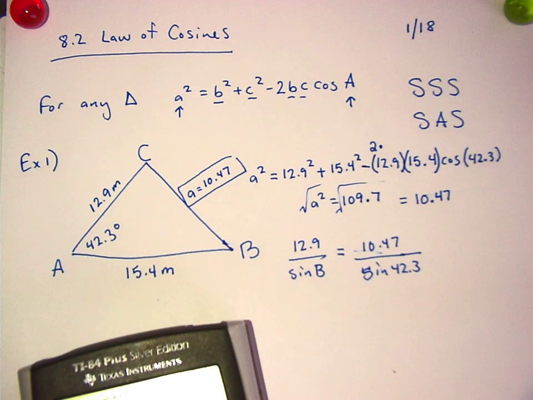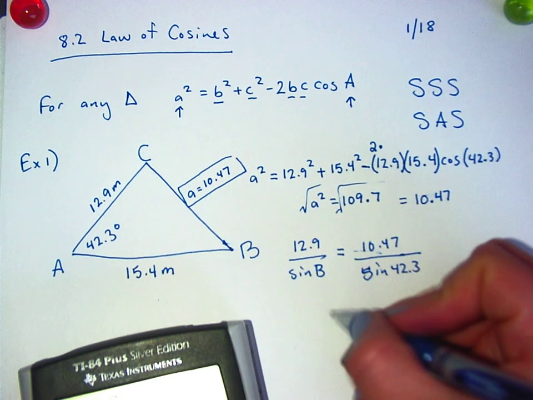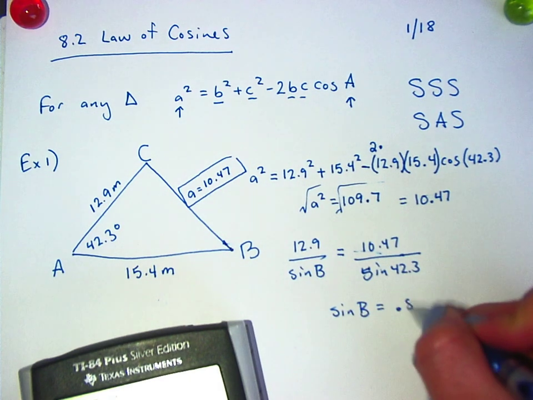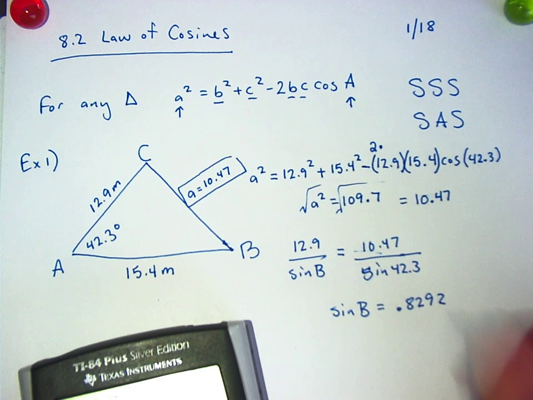In my calculator, I'm taking 12.9 times the sine of 42.3. And then what should I do? Divide by 10.47. So I got that the sine of B is equal to about 0.8292. Did you guys get the same thing?